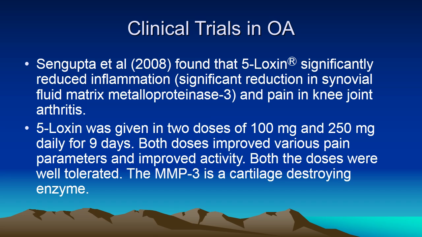Sengupta, as early as 2008, found phylloxin to be effective in reducing inflammation and pain. It was given at 2 doses of 100 mg and 250 mg for 90 days, and both were effective without much.